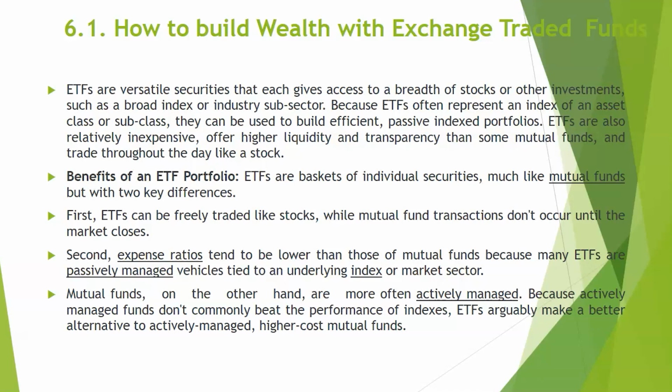Benefits of an ETF portfolio. ETFs are baskets of individual securities, much like mutual funds, but with 2 key differences. First, ETFs can be freely traded like stocks, while mutual fund transactions don't occur until the market closes.